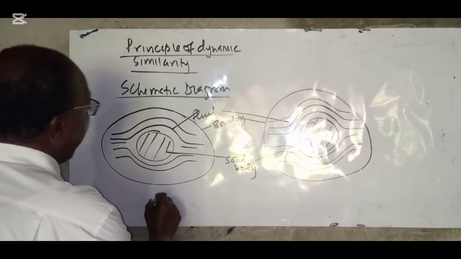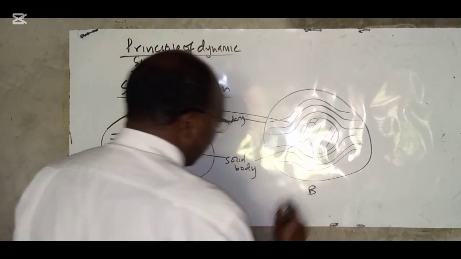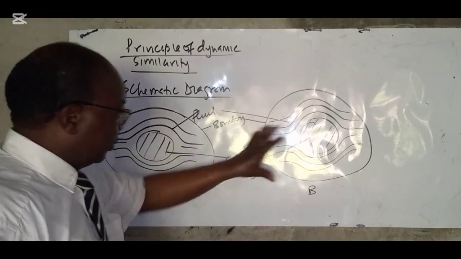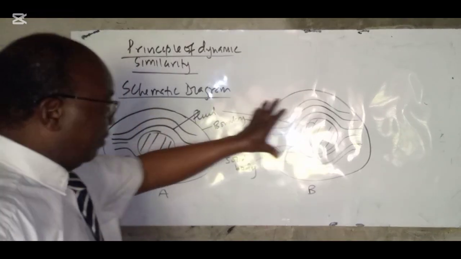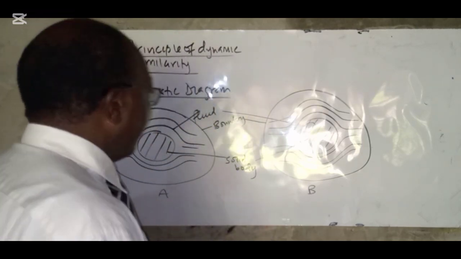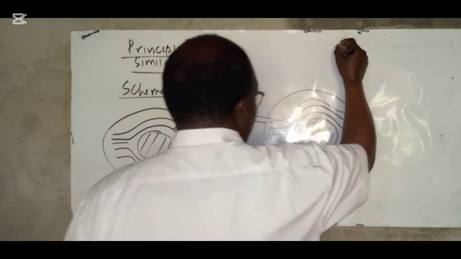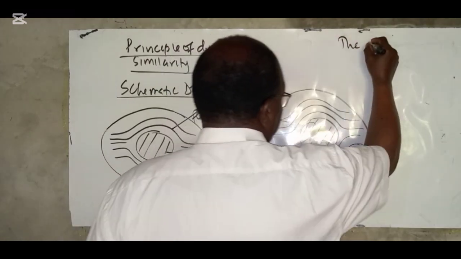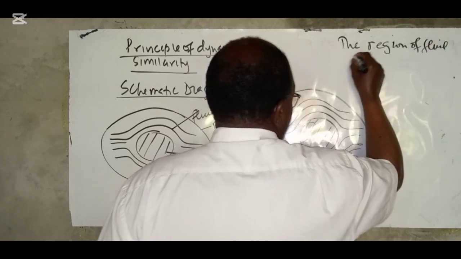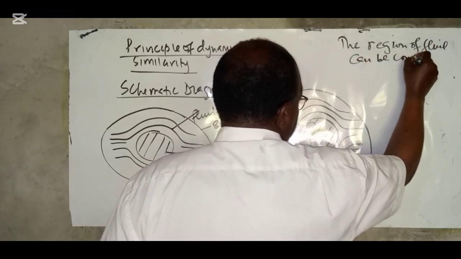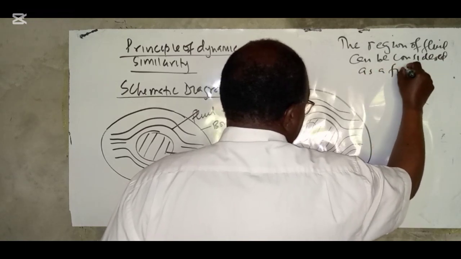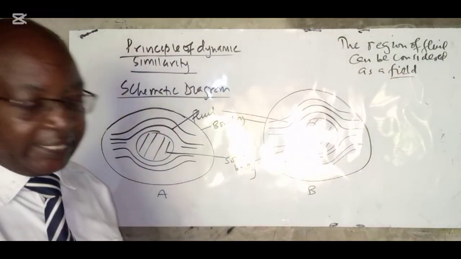Let's call them A and B. This boundary is enclosing the solid body, and we have fluid flowing in that space there. And that space where we have the fluid flowing, we can call it a field. The region of fluid flow should be considered as a field.